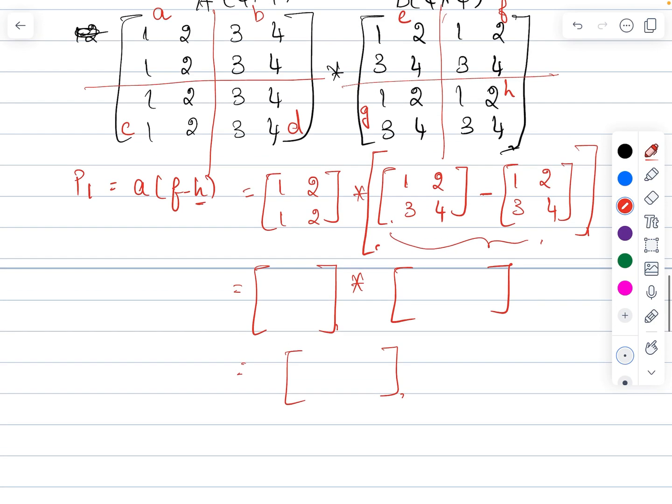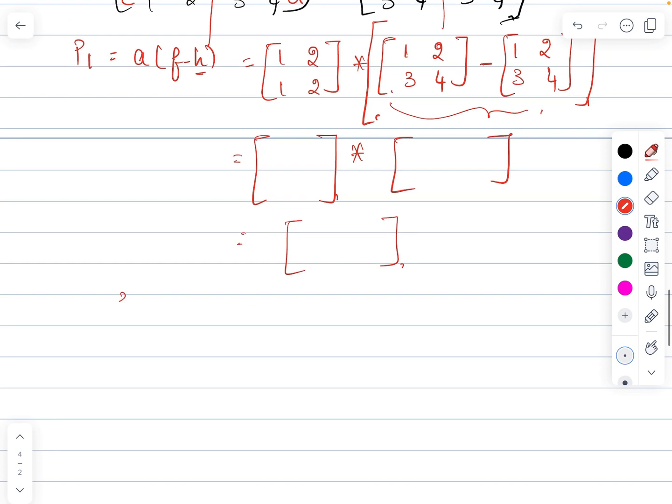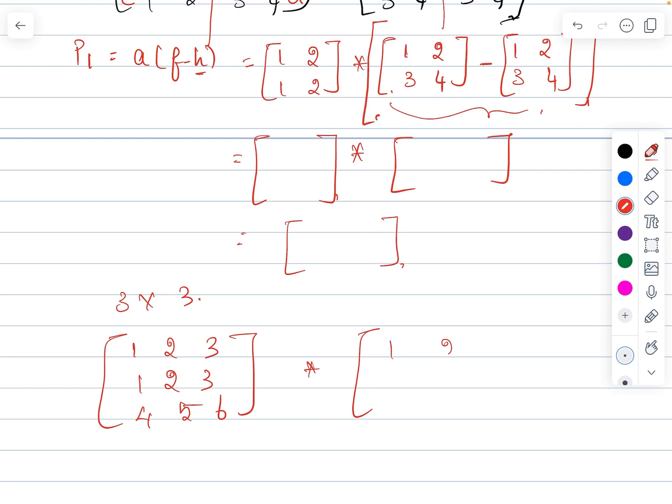What if you are getting odd sizes instead of even sizes? For example, if you get a 3 cross 3 matrix like this, you can't divide the matrix equally, right?